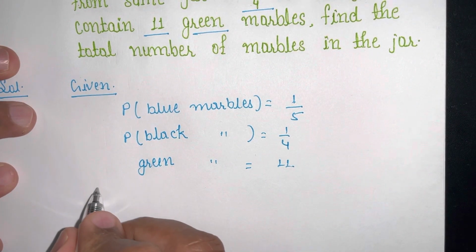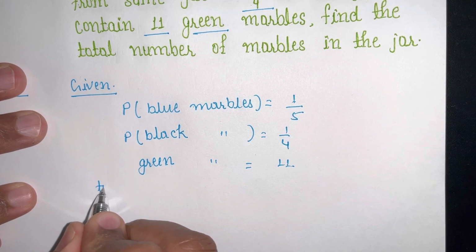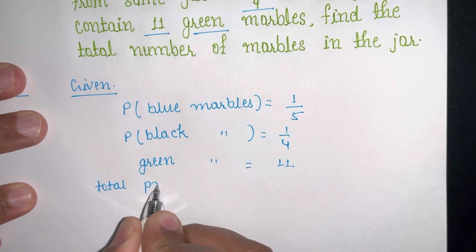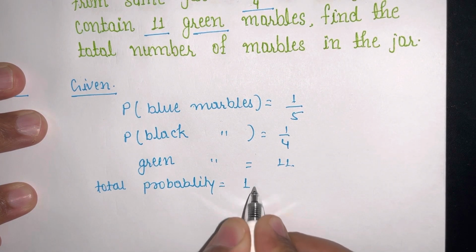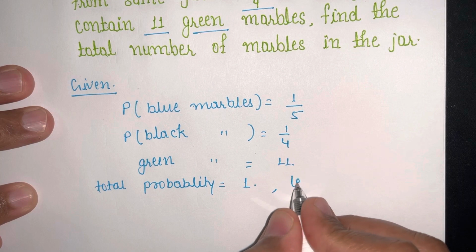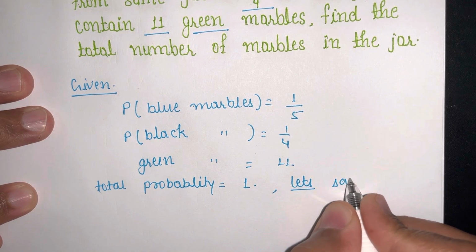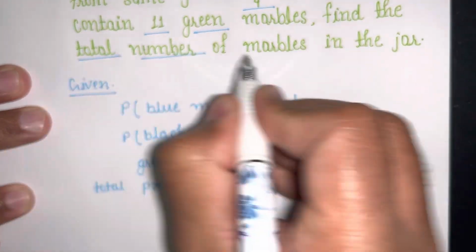So let's say the total probability will be 1, right? And let's assume that we have to find the total number of marbles.